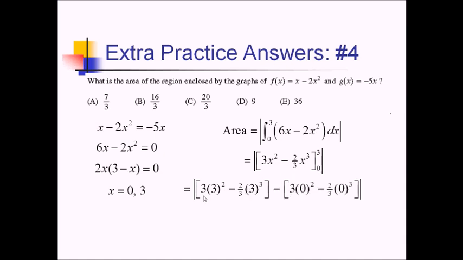The absolute value is hanging around because I don't know if this comes out positive or negative. In the first one, this is 27, and this is 2/3 of 27, which is 18. So 27 minus 18. The rest is just 0. This comes out to a positive number on its own, 9, which gives us choice D.